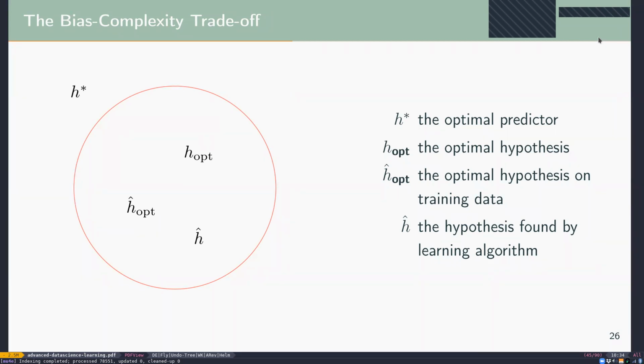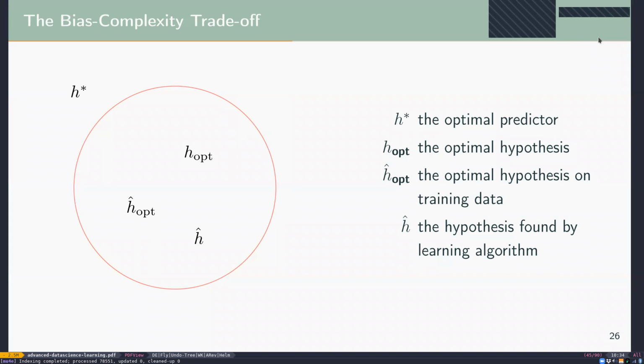Then what I have is H opt. This is the optimal hypothesis in my hypothesis space on the true data distribution. So that's the best thing I can ever do with this hypothesis space. Okay, then I got H hat opt, which is the optimal hypothesis on the training data. And then I got H hat, which is the thing that my learning algorithm finds.